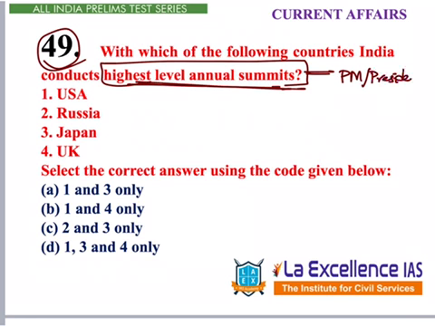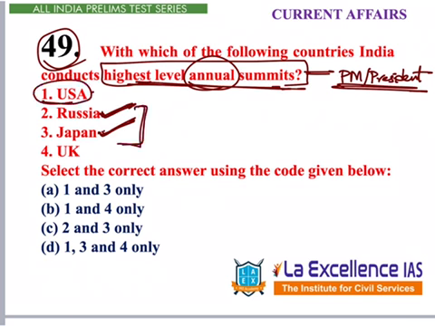So, at this level, with which countries do we have annual summits? We know with Russia we have. That's why every year Russian President visits or India's Prime Minister visits Russia. With Japan also we have. That's why Japanese Prime Minister visits India or Indian Prime Minister visits Japan annually. These two for sure we know.